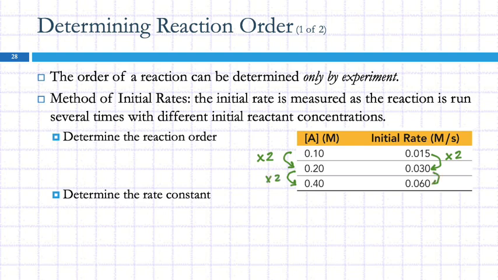And from here to here, 30 to 60 is also multiplying by 2. So this tells me, however I change the concentration, the rate changes in the same way. They are directly proportional. So what's the reaction order? It's first order.